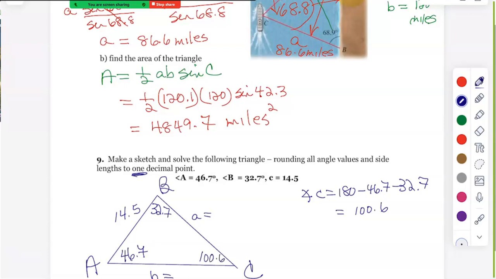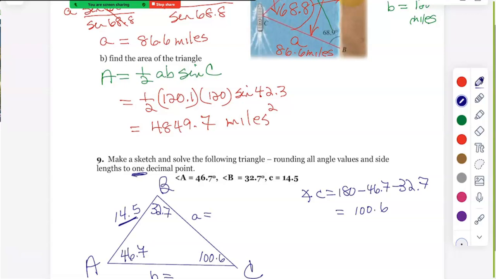Now I know that this 14.5 has to be the biggest side because it's across from the biggest angle. So the other two sides have got to be smaller values.